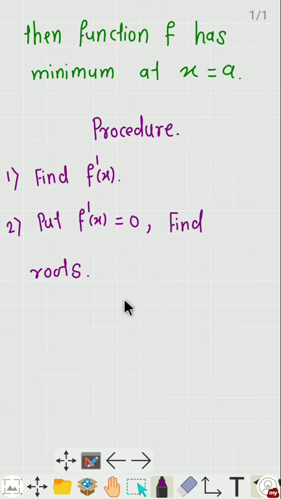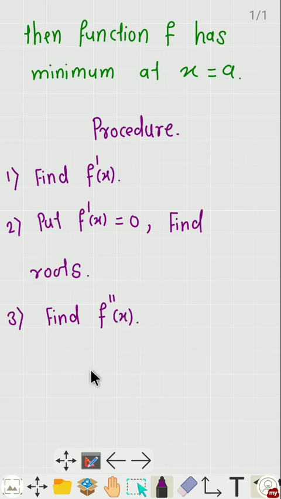In the third step, find the second derivative, f double dash of x.